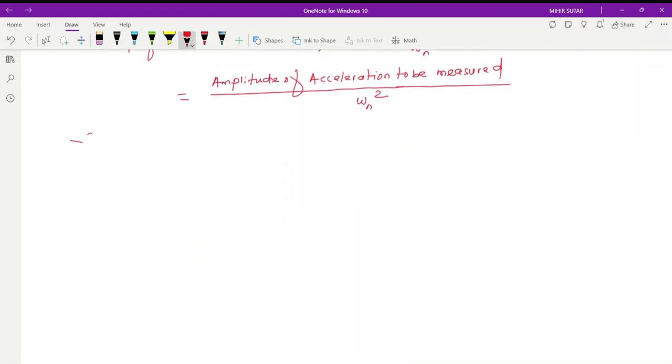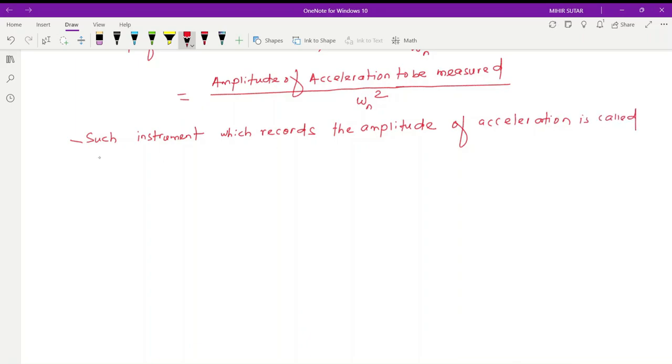Such an instrument which records the amplitude of acceleration is called an accelerometer.